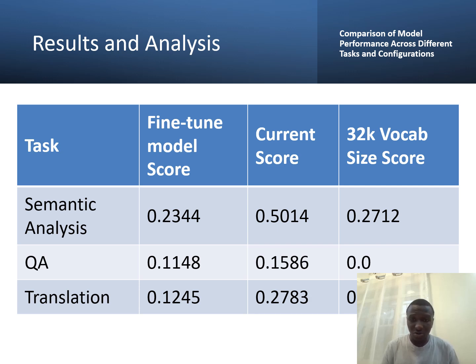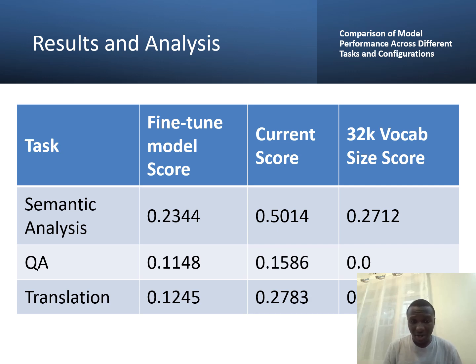We spent most of our time trying to improve the translation task performance, and you can see from this fine-tuned value what we got when we fine-tuned it on the 400 samples.